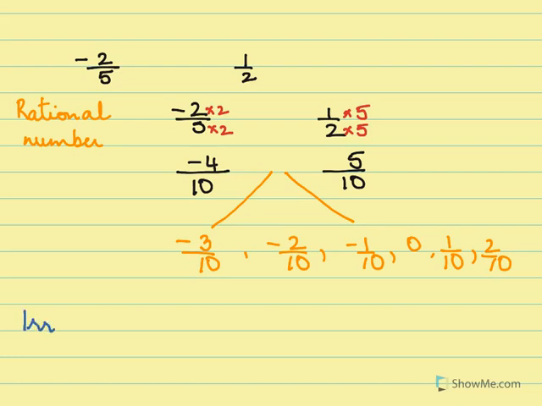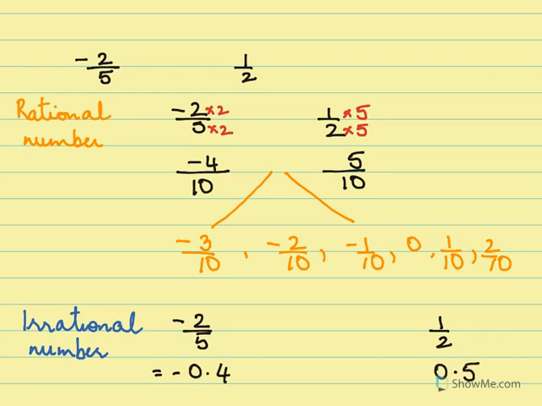Now to find an irrational number between minus 2/5 and 1/2, I need to convert this into decimal. So this would be minus 0.4, and 1/2 is 0.5. Now I need to write an irrational number, so a non-terminating, non-repeating decimal.